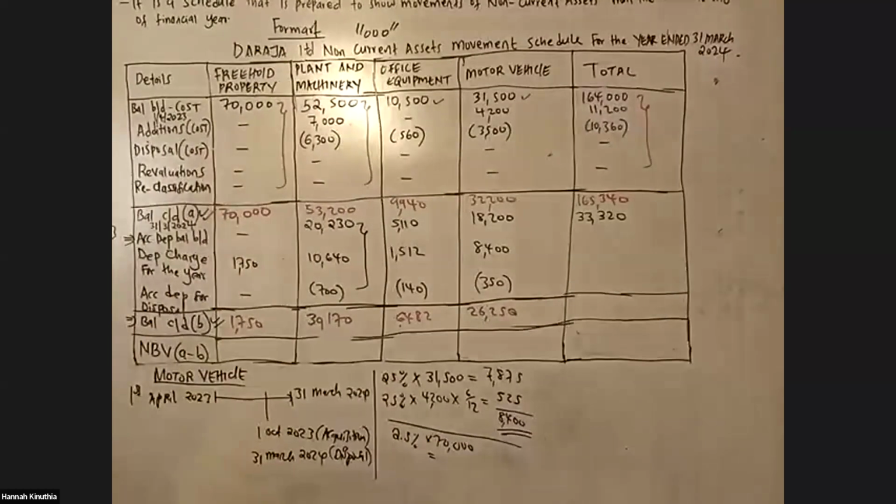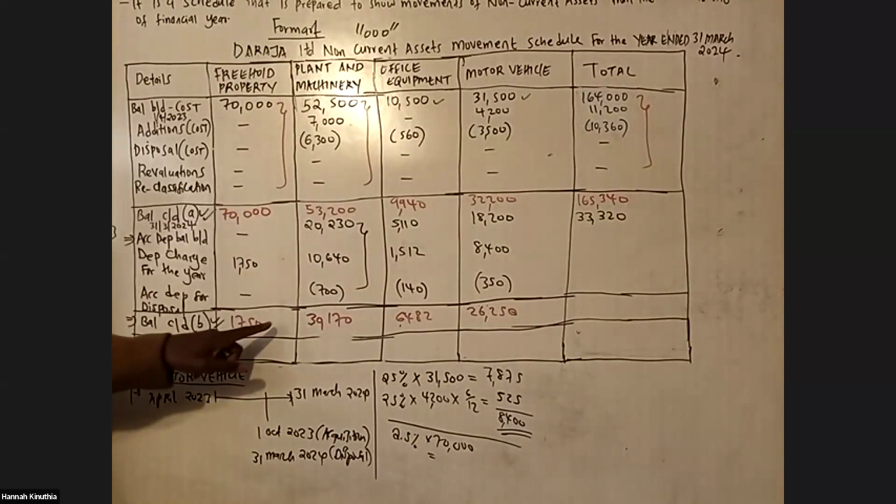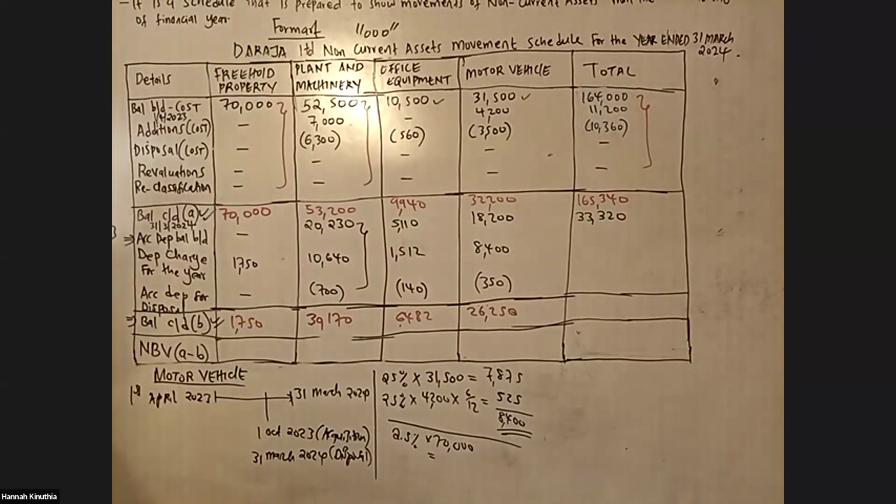So the final figure, the net book value itakuwa ni the balance carried down at the end of the period, you minus what was there as the depreciation.